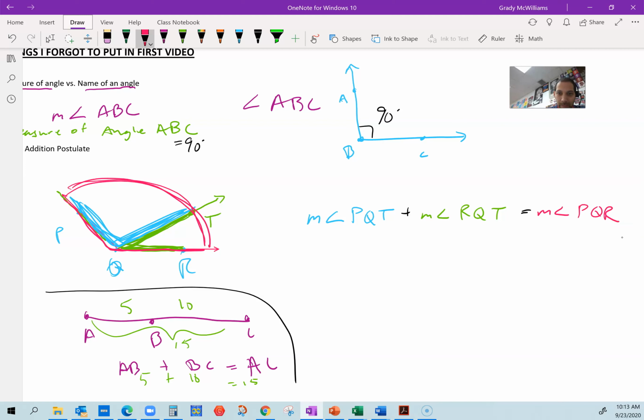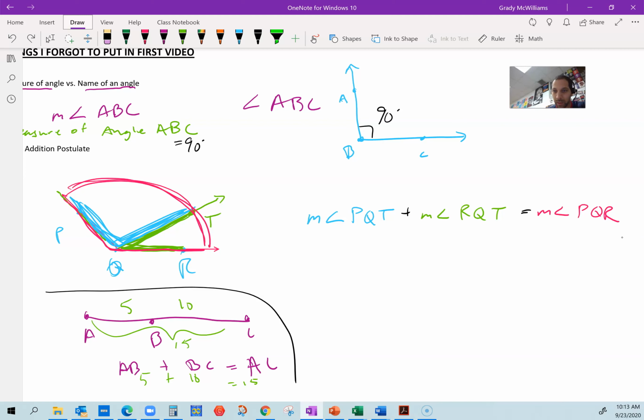Okay, so once again, this is math with numbers. Measure is numbers. If I took off the m's, then technically this isn't a true statement because you can't add shapes. You can only add measures of those angles. You can add measures of those shapes. You can't add the shape itself.